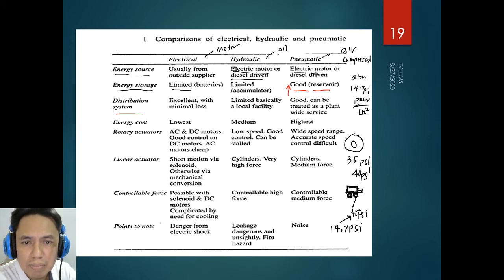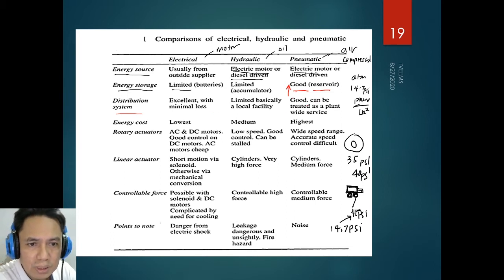Hydraulic is limited, basically a local facility, because you cannot just build a big hydraulic plant like a building. It's a modular type per machine. Unlike electricity, where the application of electrical power is limitless.